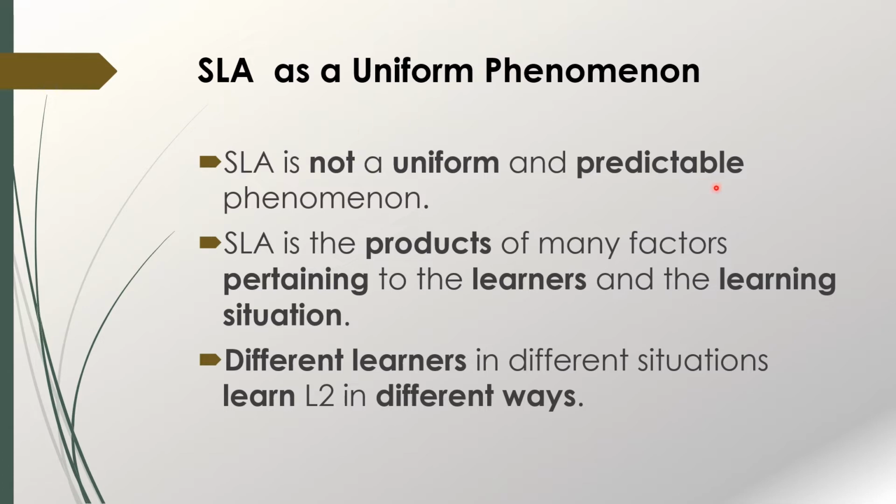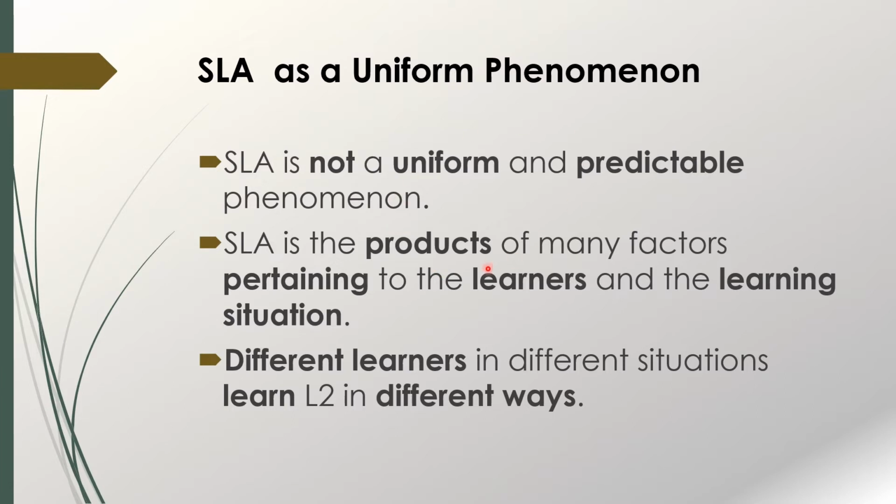It cannot be predicted for everyone, because SLA is the product of many factors pertaining to the learners and the learning situations. So it is related to the learners and the learning situation. What your learners are and what the learning situations are will be mostly dependent on the relation of these things.